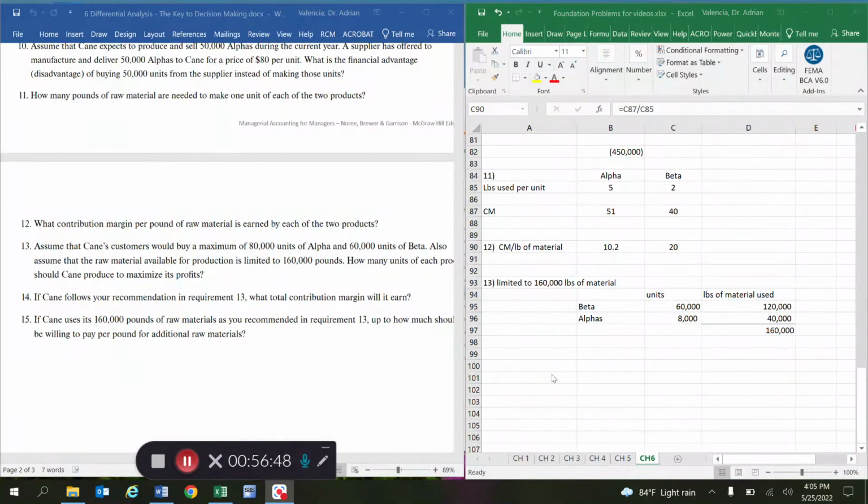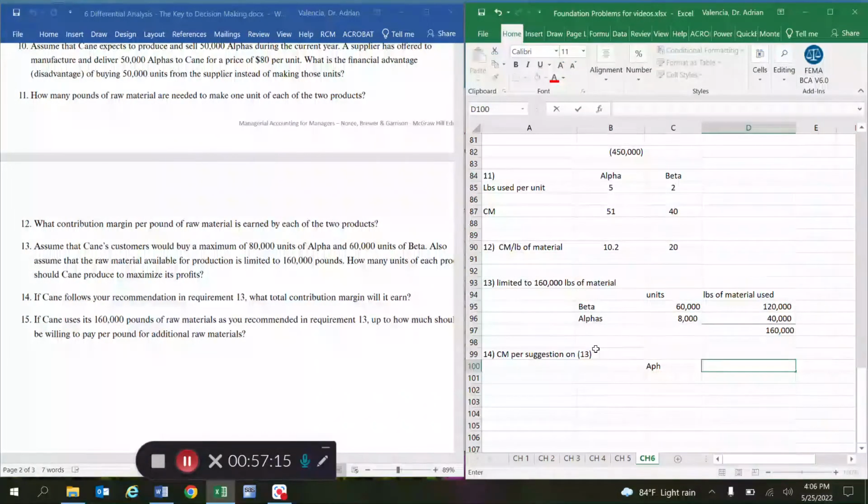All right, so now number 14 says, if Kane does follow our recommendation here of making these number of units, what is the total contribution margin? Okay, so contribution margin per suggestions on 13. So you gave this advice. So for alpha and for beta, I could just do it here.